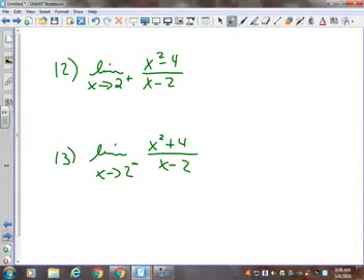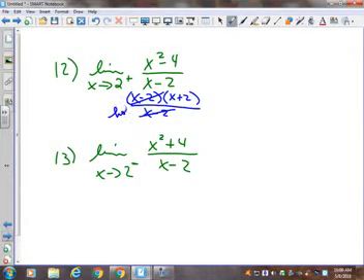But if I can factor and cancel that out, then I know they meet at a hole. Does that make sense? So if I can make this x minus 2, x plus 2 and cancel that out, that caused a hole. And it always meets at a hole, which means that the left and the right would have the same answer.